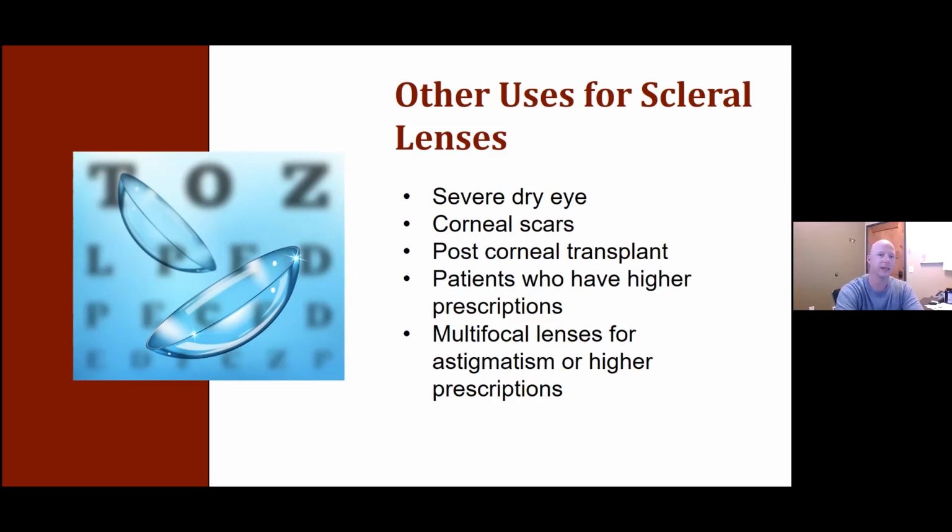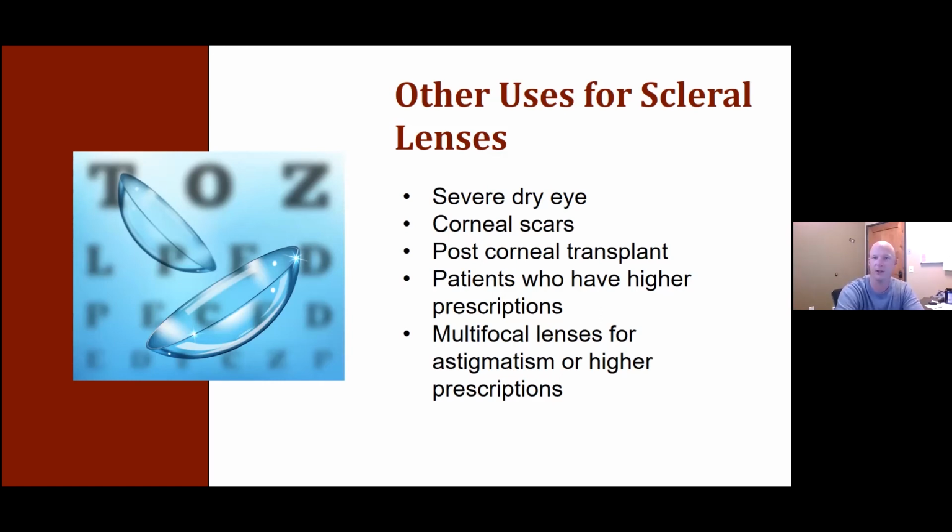We can use these lenses in patients who have had corneal scarring, either due to previous surgery or some type of injury. We use them, as we talked about, in patients who have had corneal transplants. And some of them are even useful in patients who have higher prescriptions, or who need a multifocal lens that helps them see up close and far away, or who have higher amounts of astigmatism, because some of the soft lenses we use for this just don't come in parameters high enough to help these patients.